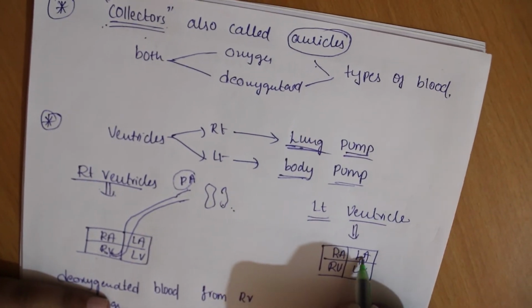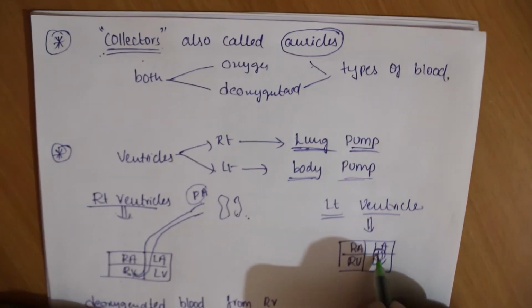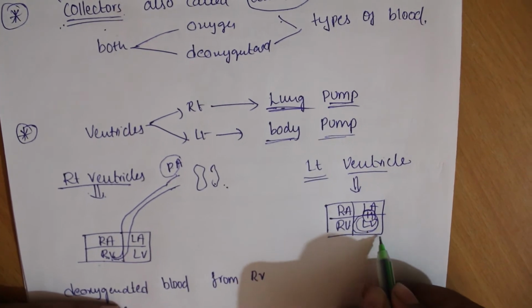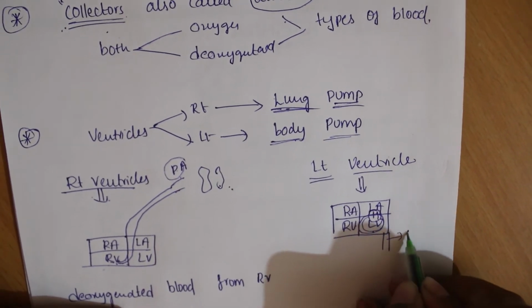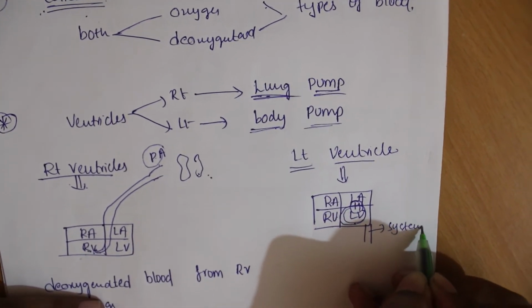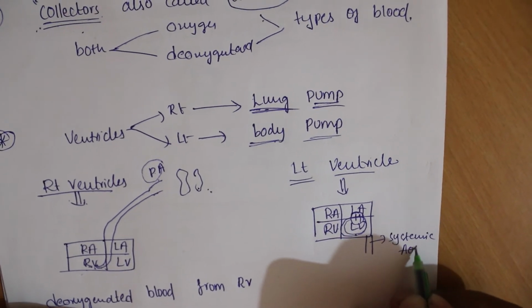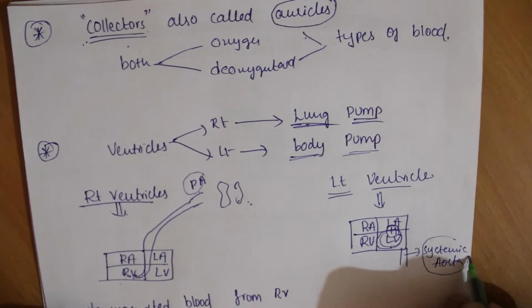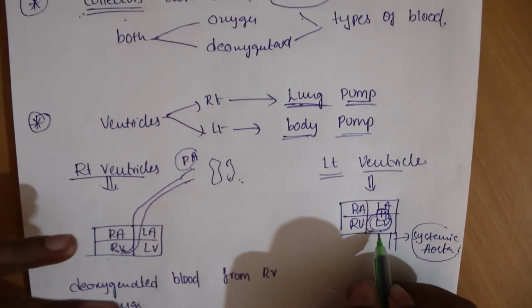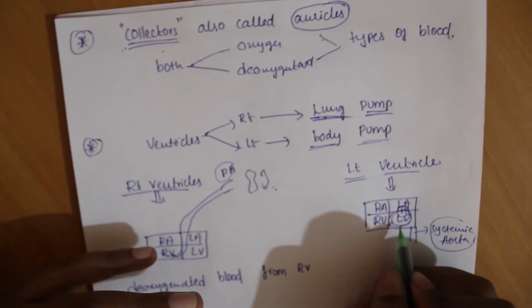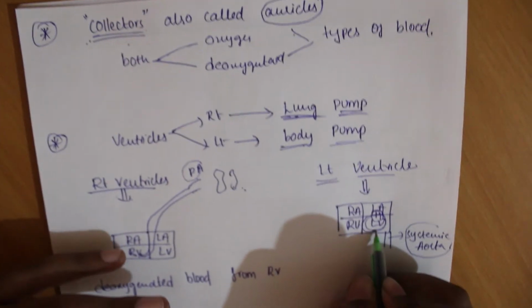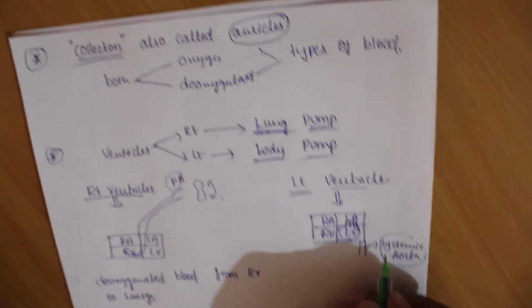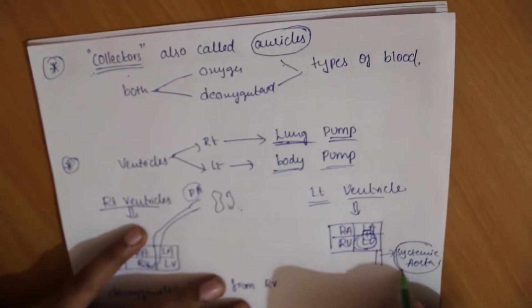From here the bicuspid valve fills the whole chamber of the left ventricle. From the left ventricle, here is the systemic aorta. The main function of the systemic aorta is that the oxygenated blood from all the chambers is finally collected in the left ventricle of the heart, and from the left ventricle to the body it moves through the systemic aorta.